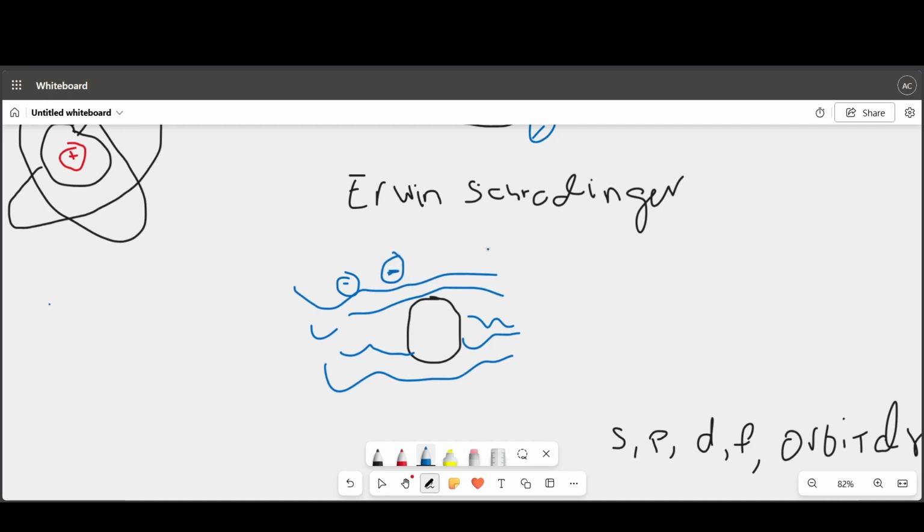This concluded that the nearer you get to the nucleus, the more likely you are to find an electron.